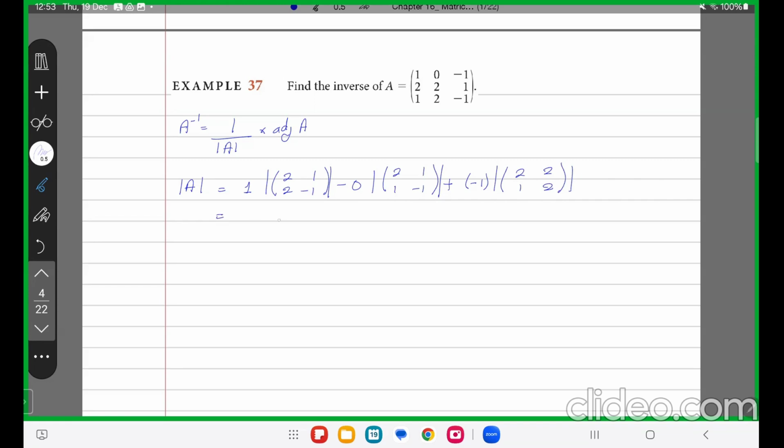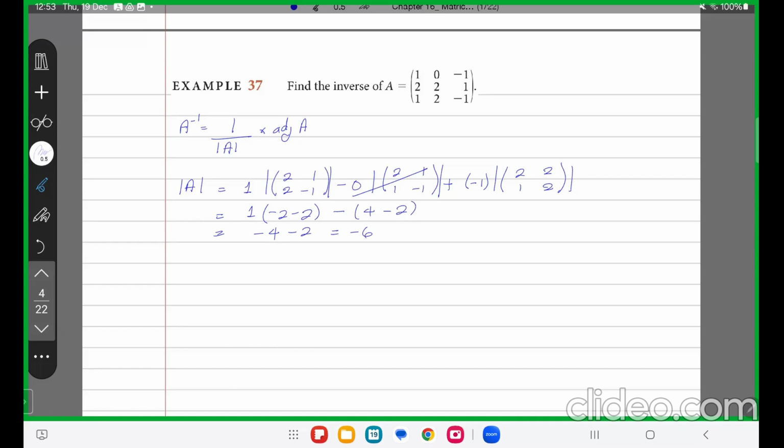So this is 1 times minus 2 minus 2. This is going to come out to be 0. A positive times a negative is a negative, 4 minus 2. So this is minus 4 here. This is minus 2. The determinant is minus 6.